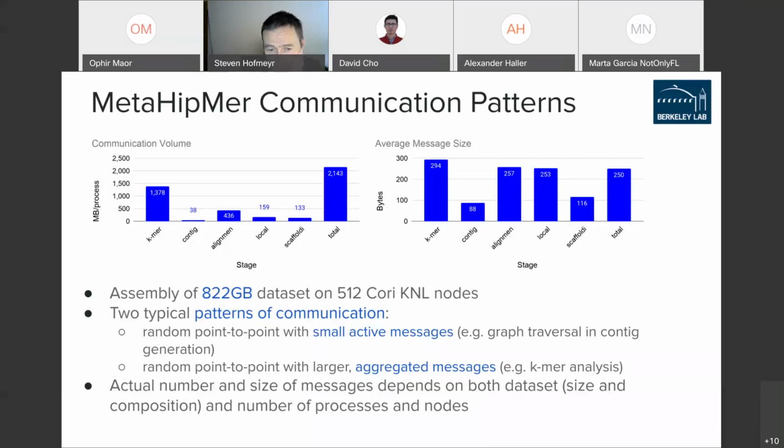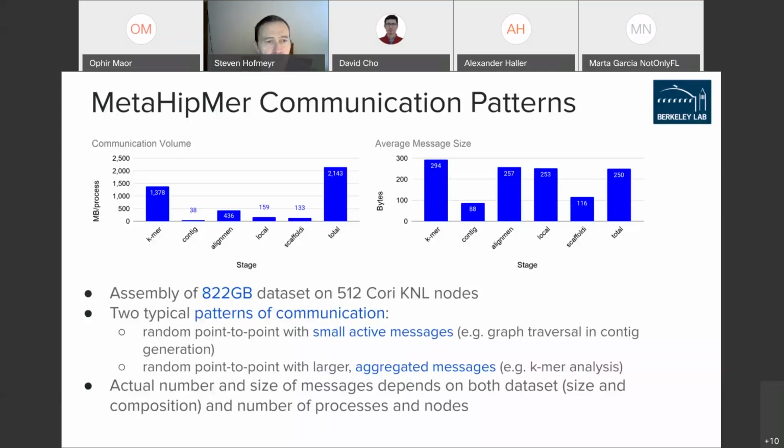So what we're getting is two typical patterns of communication. They're always random point to point, but you either get small active messages, such as the graph traversal or contig generation I was talking about, or you get aggregated messages, such as the k-mer analysis, which are larger. And once again, the number and size of the messages depends on the data set and the number of processes and nodes you're running on.